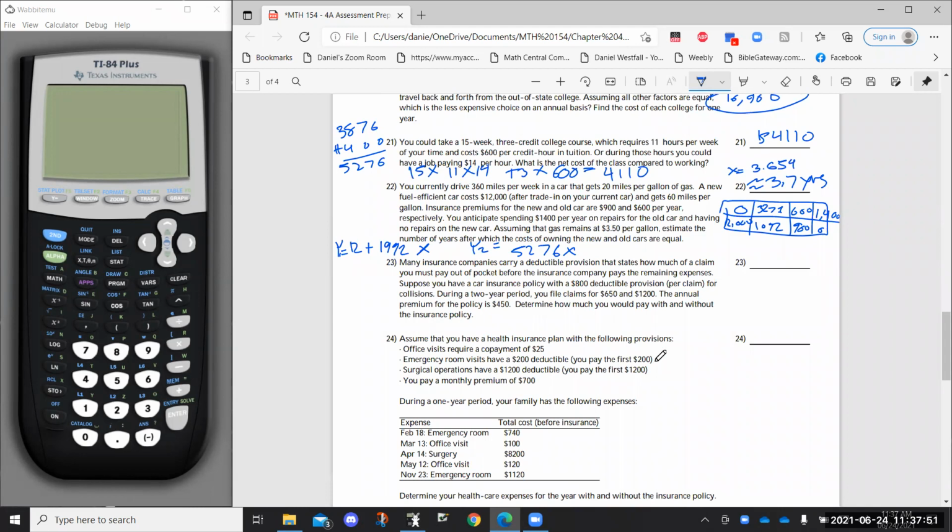Okay. If you want to see that in the calculator, let me go ahead and do that.